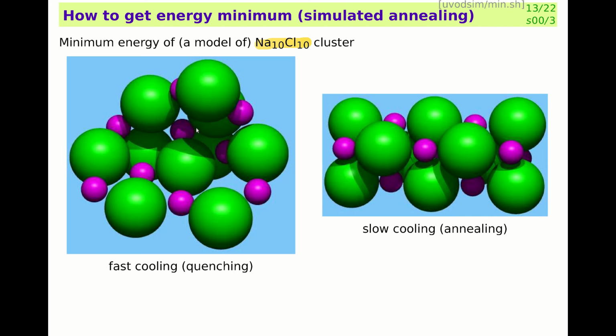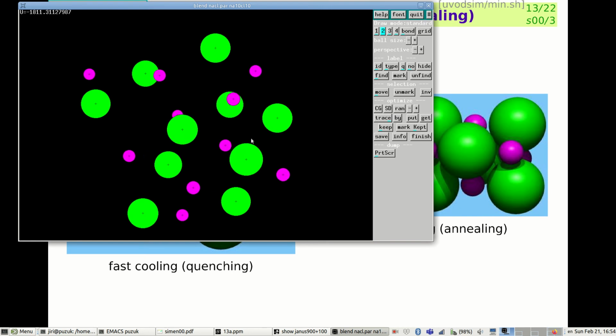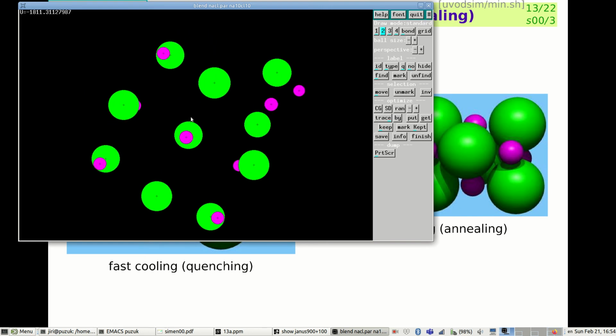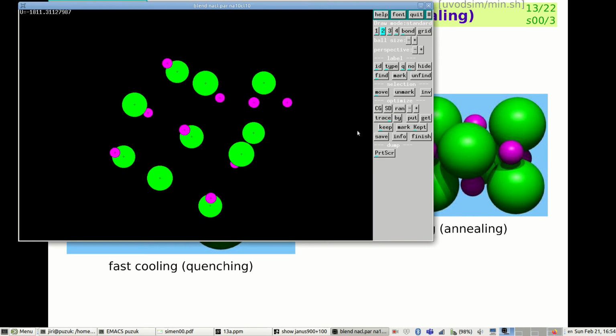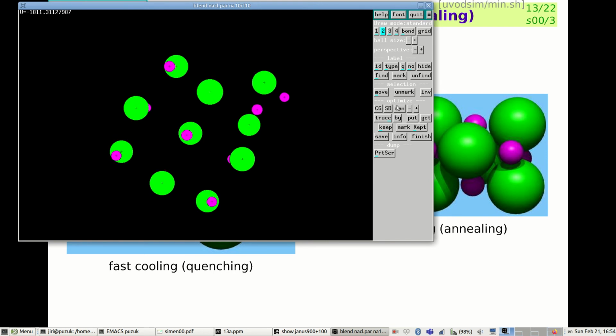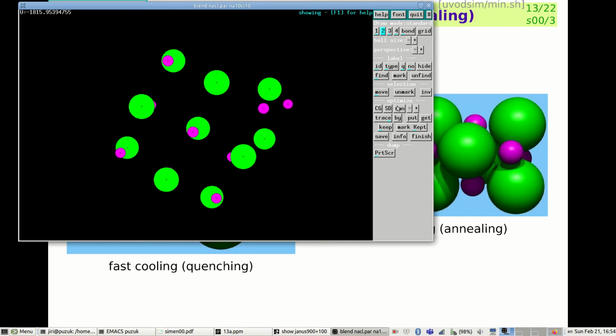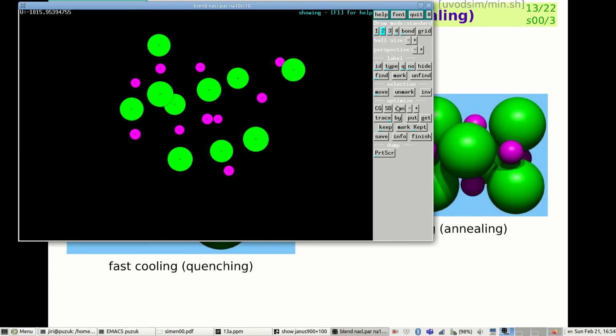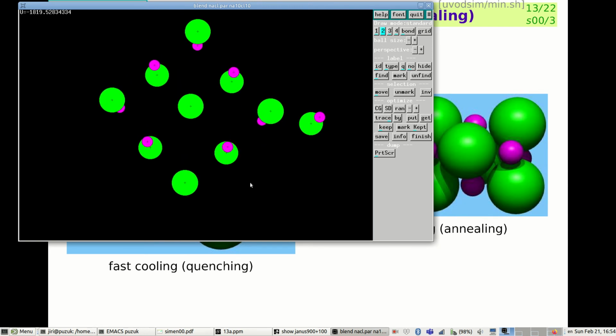Here I have a cluster. So it looks like quite small, so I will use already known code for molecular mechanics, and I will randomly shuffle the atoms and let the program minimize it.